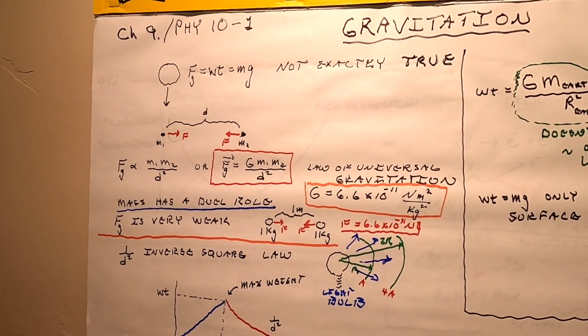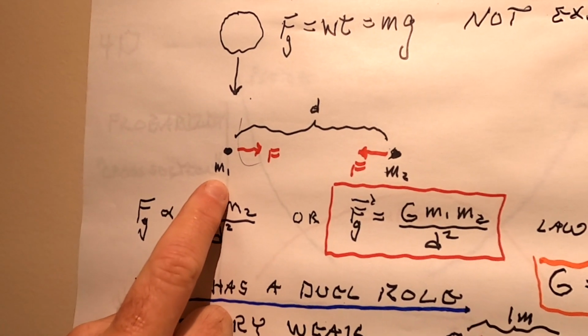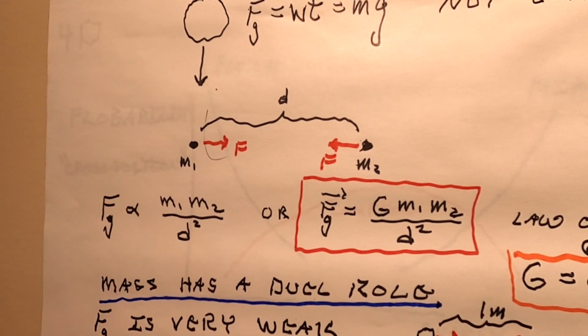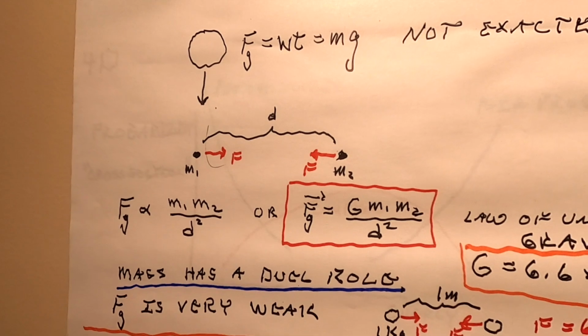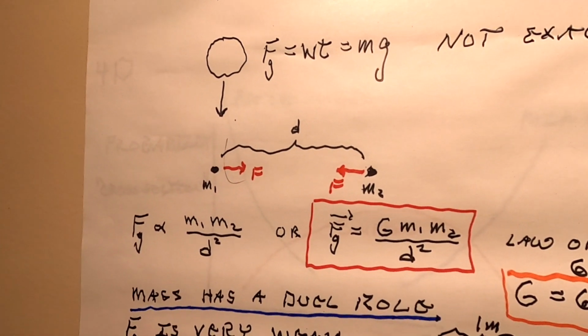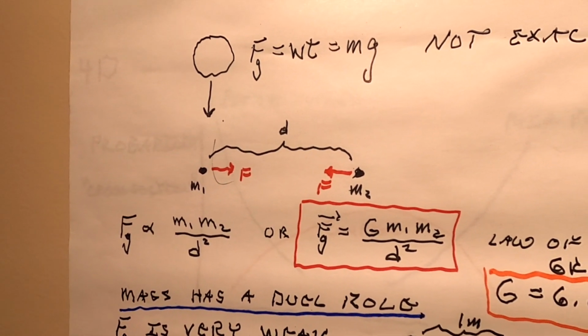What Newton did say is, if we have a point mass, I called it M1, and another point mass, M2, these two masses are attracted to each other. Here I put their separation as D. The two forces are attracted with equal and opposite forces, Newton's third law.